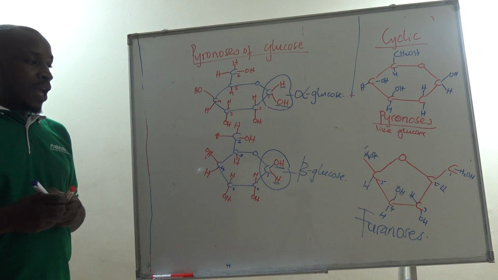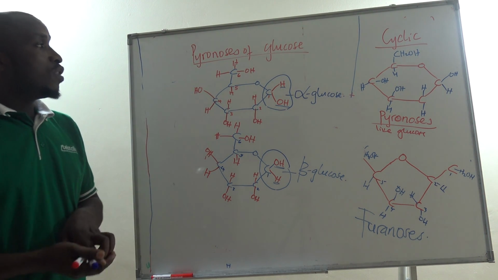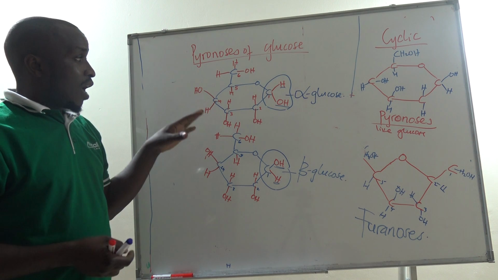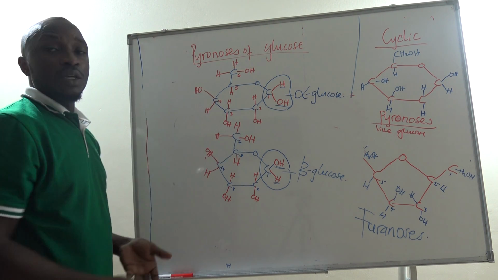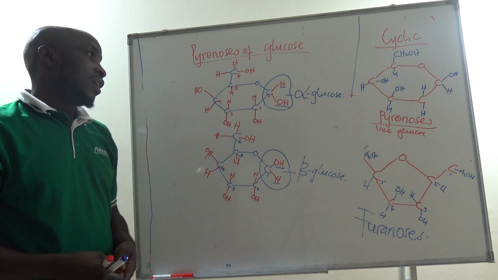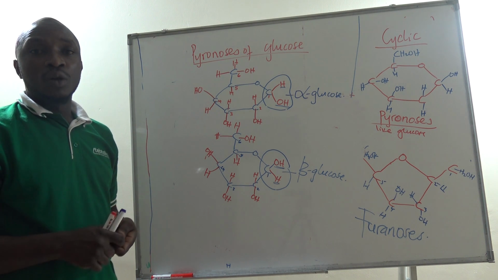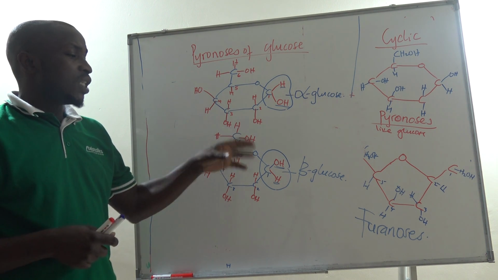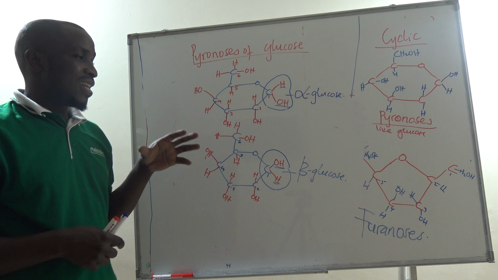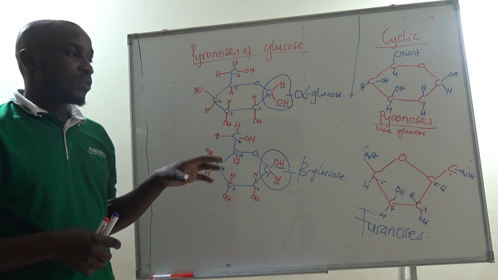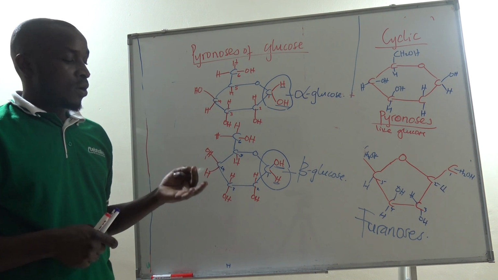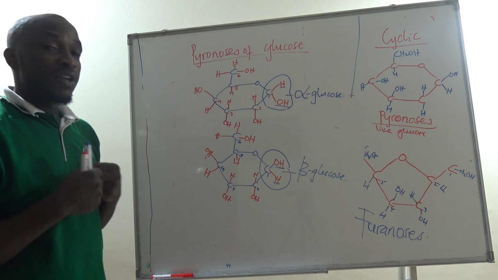So you see, the arrangement of atoms within the monosaccharide determines even the chemical properties. Because of this, together with the number of carbon atoms and functional group taken up, carbohydrates are very many.